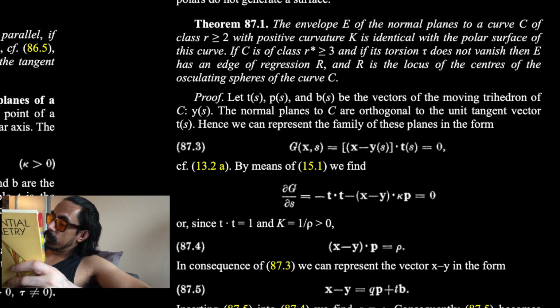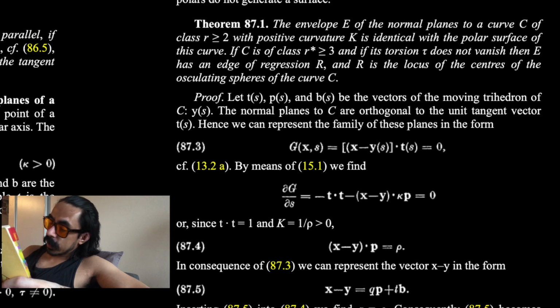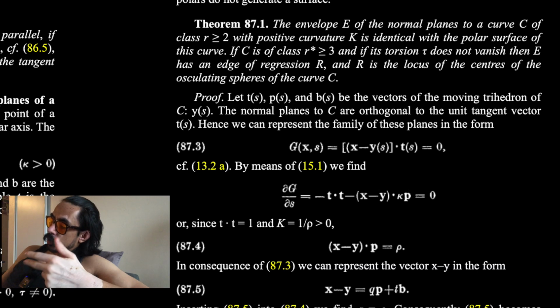Hence, we can represent the family of these planes in the form function capital G in terms of vector x and s being thus equal to the scalar product of vector x minus vector y of s with vector t of s, which is equal to 0.